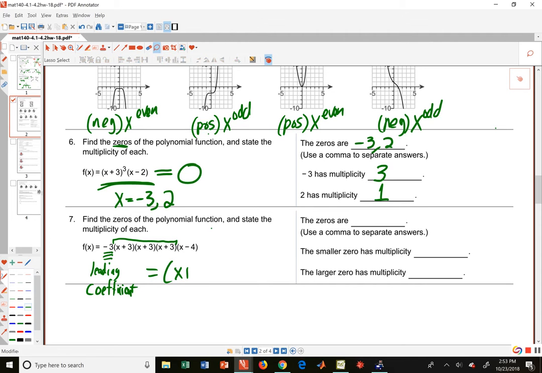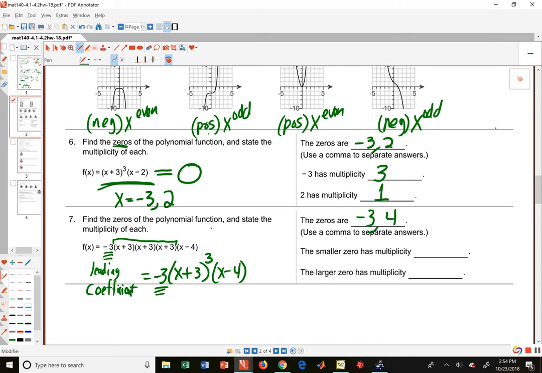Those factors can be written with a single exponent of 3. So we've got 3 linear factors there that add up to a cubic, and then you have 1 linear factor, x minus 4. So the zeros for this problem are minus 3 and 4. That minus 3 up front doesn't produce a 0.